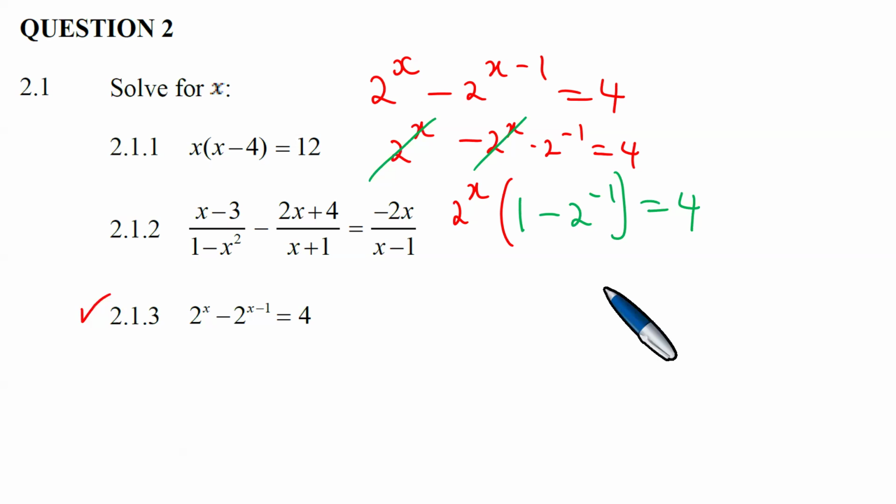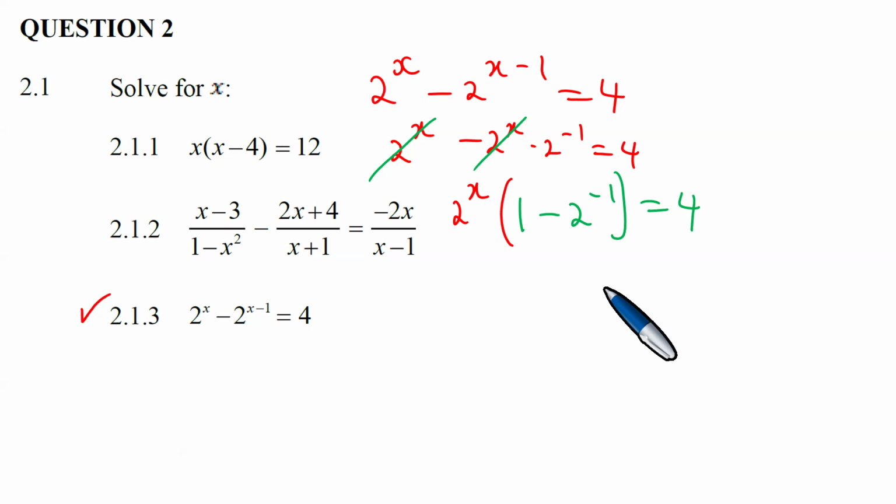So 2 times 2 to the power of -1 equals, yeah, 2x times the bracket equals 4, and then 2x equals 4 plus 1.